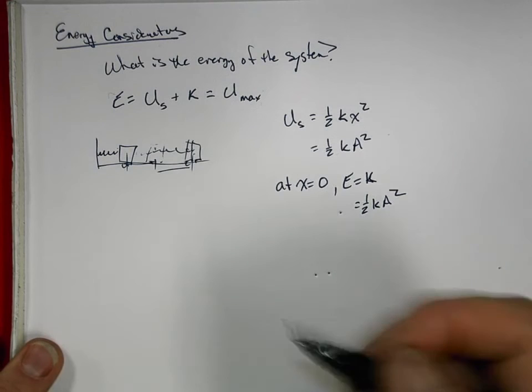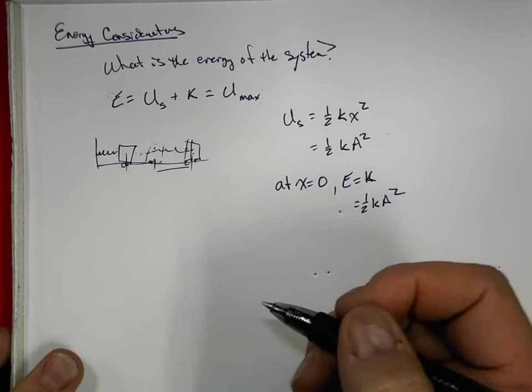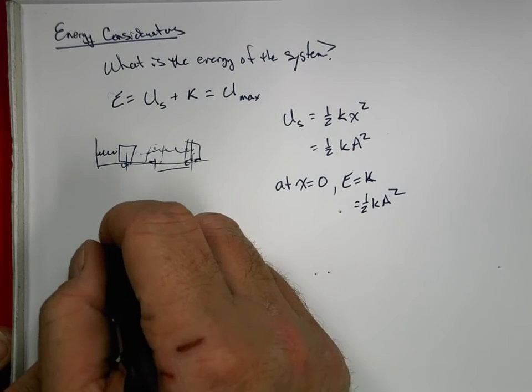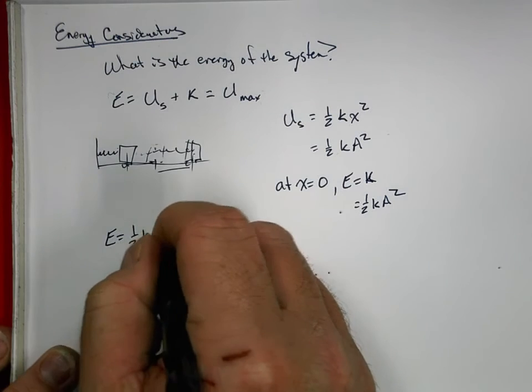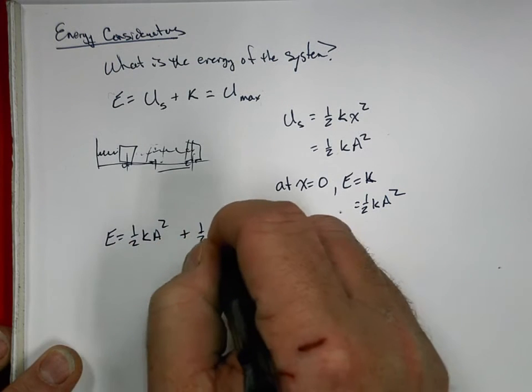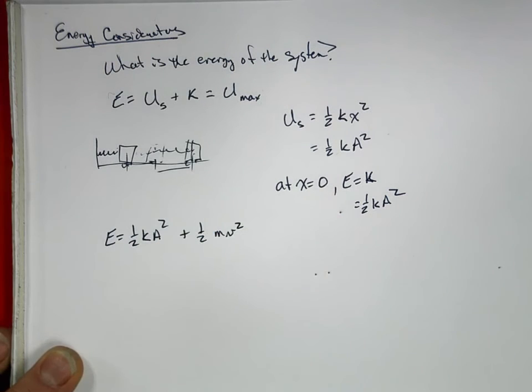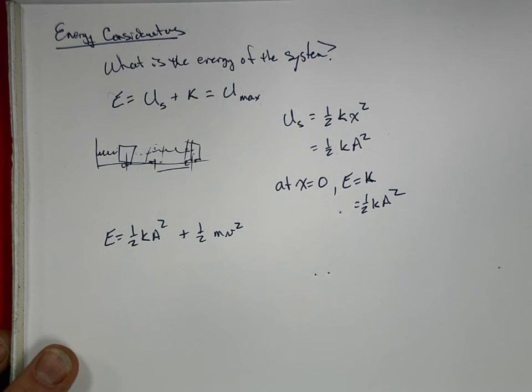Total energy at any particular point on here, however, is our 1/2 Kx squared plus 1/2 mv squared. Did we find out what the velocity was for our oscillator?